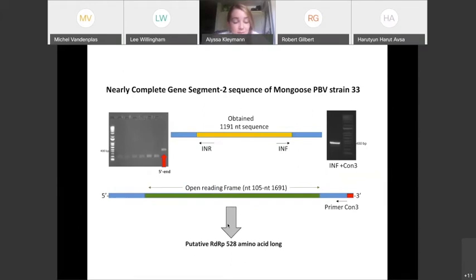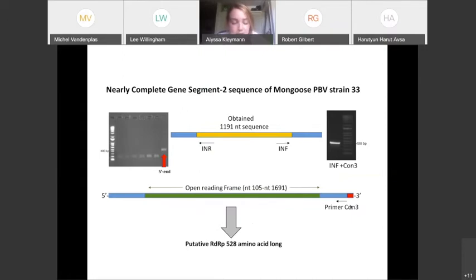The single primer method is very complicated and time consuming, and it requires quite a bit of RNA volume to start the whole process. So to help us with the remaining strains, we instead designed a new primer, Primer Con3, you can see here, that was based on the multiple alignment of complete gene segment 2 of our strain 58 with other PBV genogroup 1 strains.